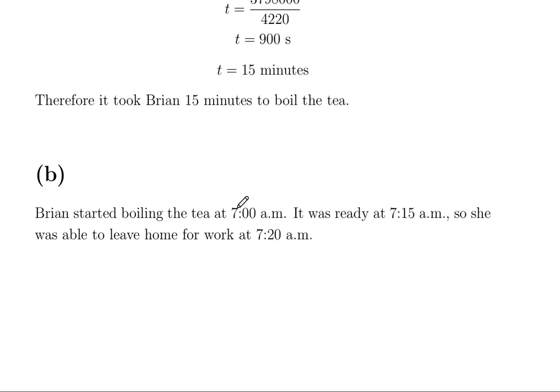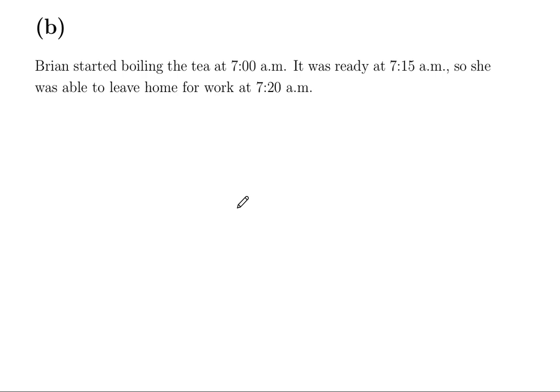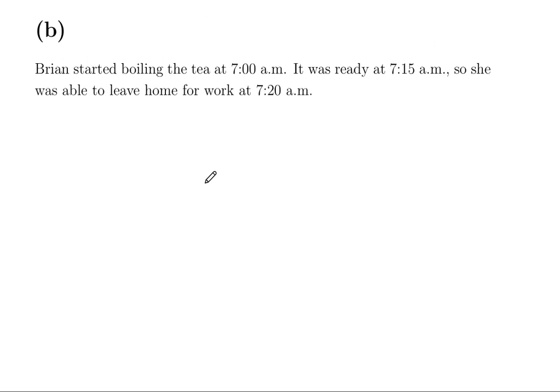Okay, so our next part, we're to find whether Brian will be able to leave early for work. Remember Brian started heating the water at 7 a.m. and the water was heated for 15 minutes, and that implies that we shall add the 7 a.m. plus the 15 minutes, and therefore that makes it 7:15.